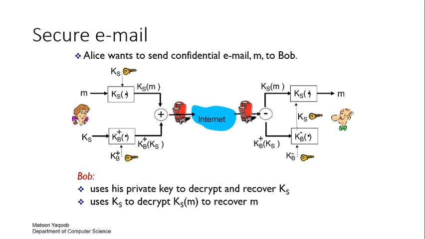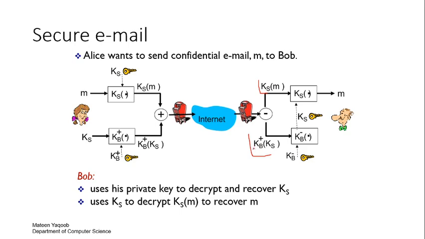So now what will Bob do? Bob will receive two things: the ciphertext and the cipher key. So Bob will use his own private key, because the symmetric key has been encrypted using Bob's public key.